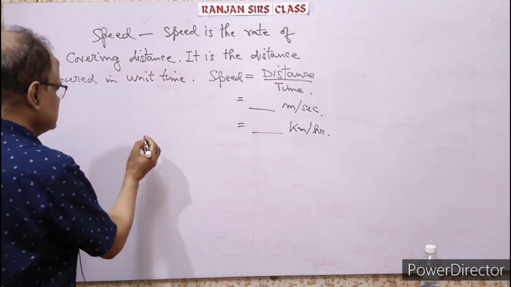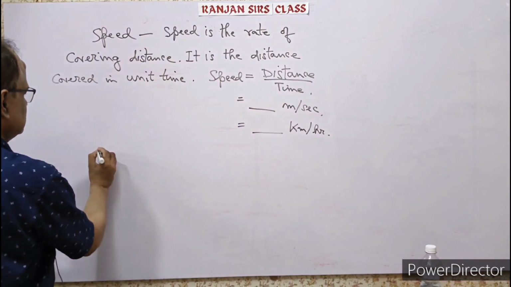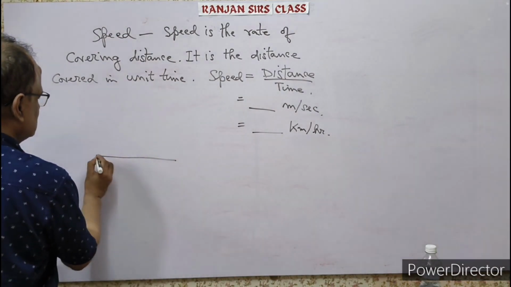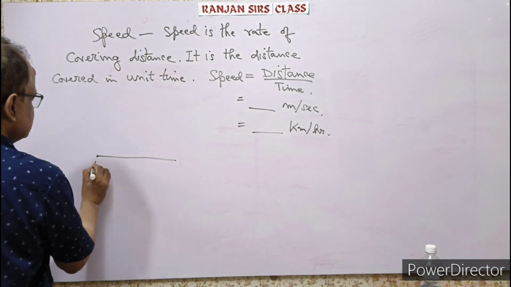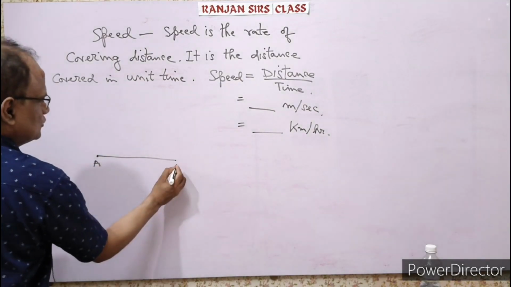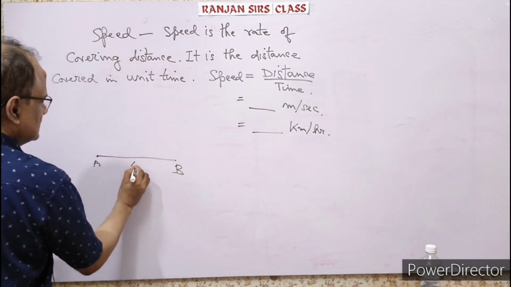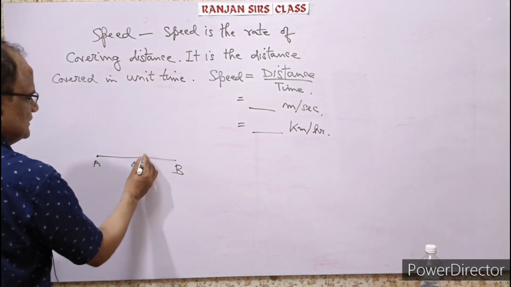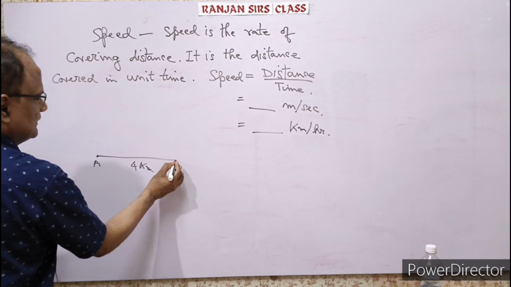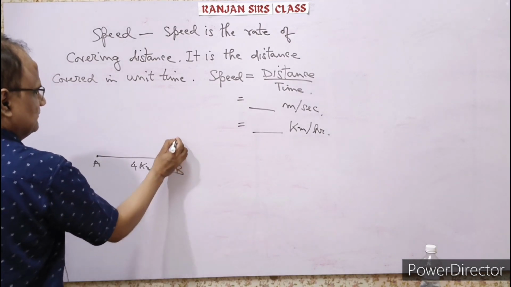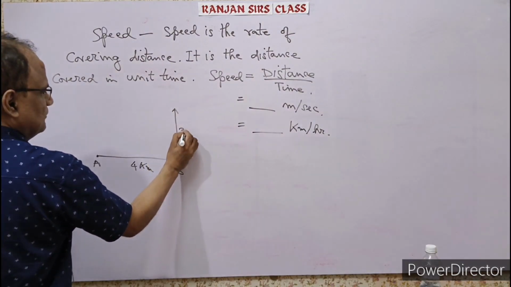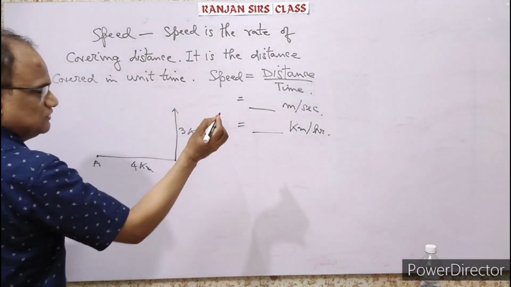So for example, let us take the previous example, the one we had taken earlier. Someone is traveling from point A to point B. The distance is 4 kilometers, suppose, in a direction east. Then from point B, that person travels vertically northwards, 3 kilometers.